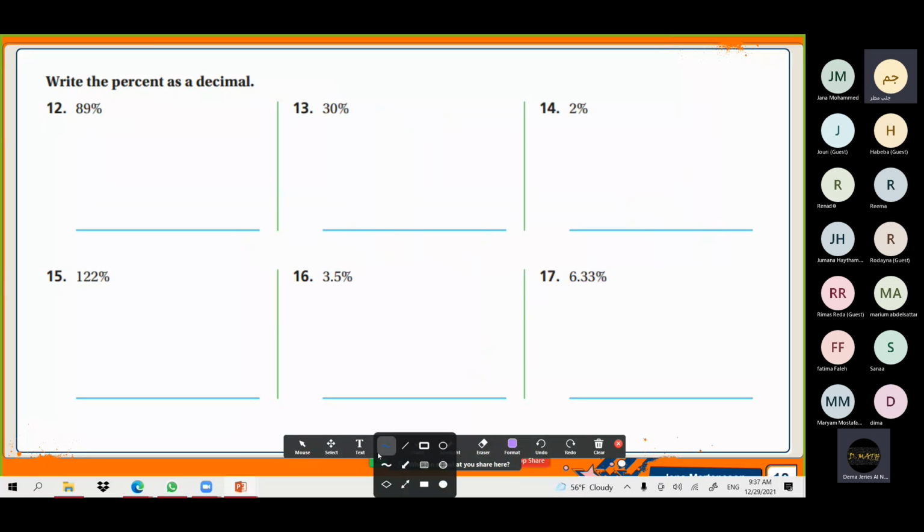Yalla, answer number 12. 89%. First, we put it as a fraction. It will be 89 over 100. Bravo. Then add 0, decimal point, and we add 2 spaces because it's 2 zeros. We add the 89 and then we write 89. Thank you so much. You're welcome.